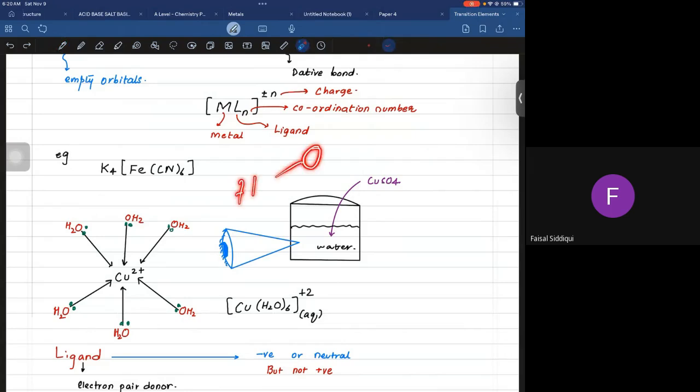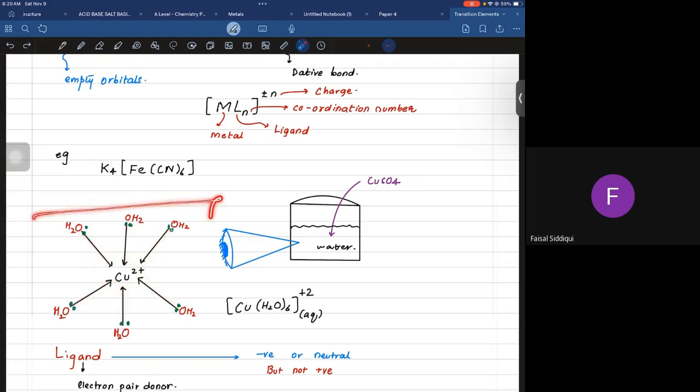So when water is going to make a bond with this copper metal, they are going to form dative bonds.